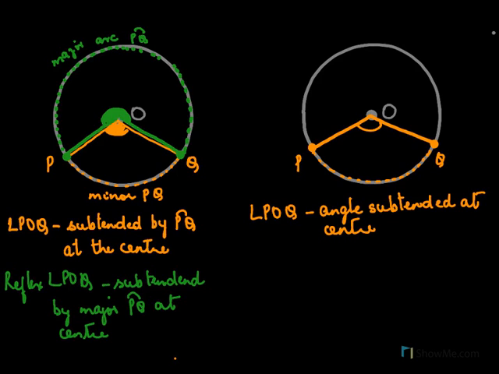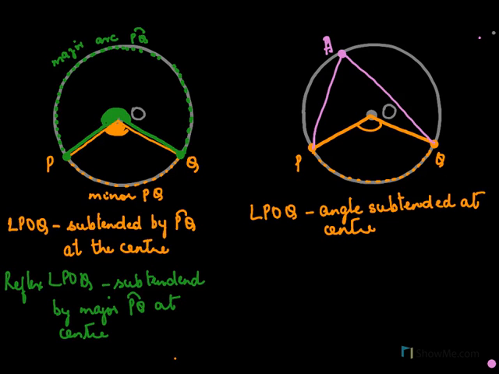Let us see which is the angle subtended on the circle. Now for this I take a point on the circle. So suppose I take a point here, which is on the circle, I'll take it as A. I join AP and AQ.